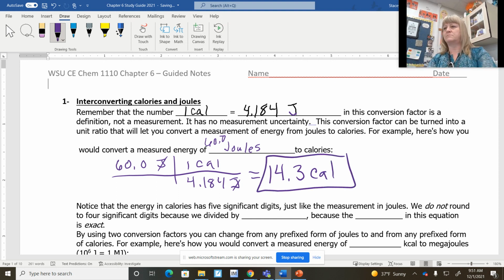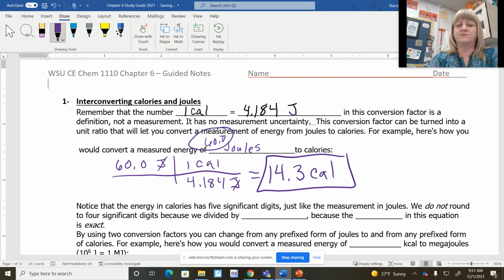So notice the energy in calories. If I were to write it from the calculator, remember we want to make sure that we round to whatever they gave us. So whatever this number is, that's what we want to round to.